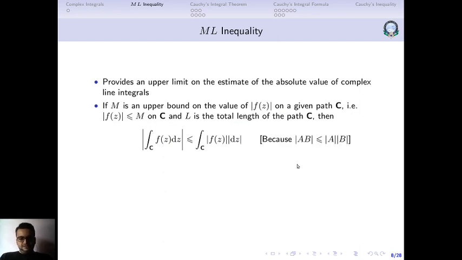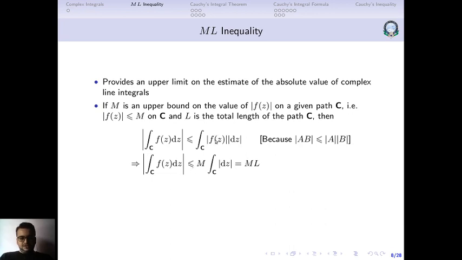We get this because for two quantities, the magnitude of the product is less than or equal to the product of their magnitudes. As long as you're on this path C, the function magnitude is always less than M, so I could replace it with M, and the inequality will still hold.